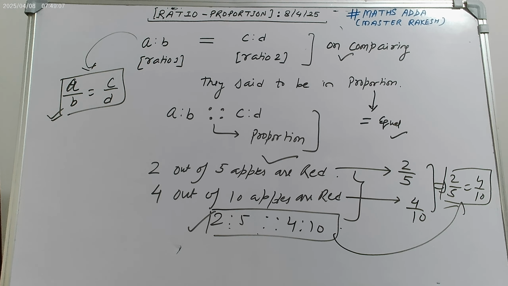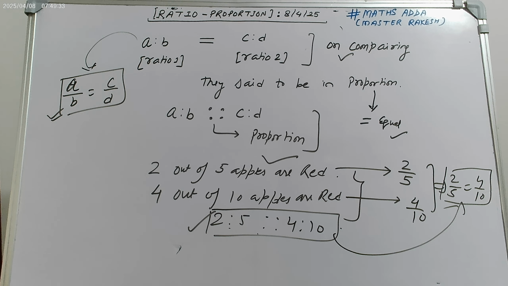Just as a fraction has equivalent fractions, a ratio has equivalent ratios. If two ratios A ratio B and C ratio D are equal, then A, B, C, D are said to be in proportion. We write A is to B proportion C is to D, read as A is to B as C is to D.